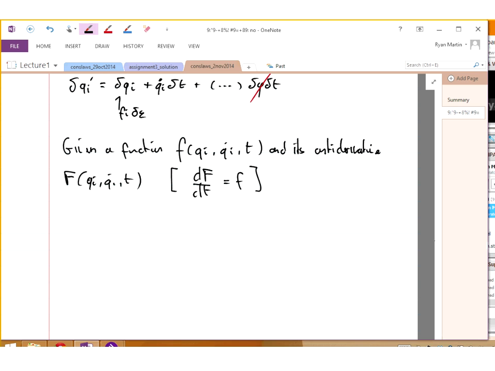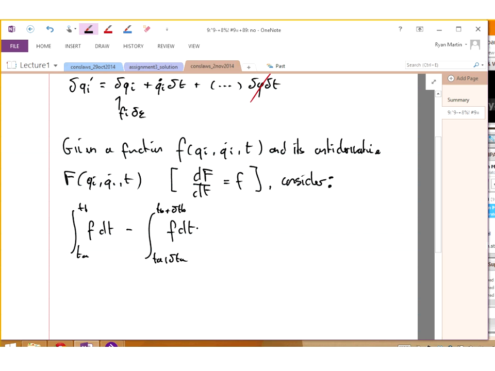So consider this integral. Consider the integral from Ta to Tb of little f dt minus the integral from Ta plus delta Ta to Tb plus delta Tb of f dt.